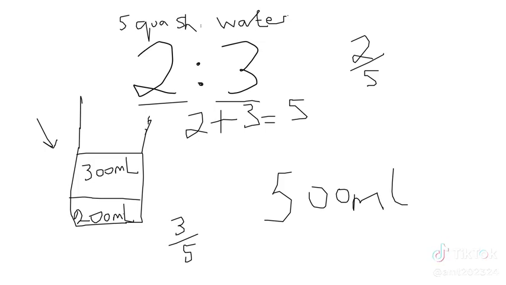You'll measure the flour to eggs, or flour to sugar to eggs, and so on. In the next video, we'll look at how we divide or share in a given ratio. So hopefully this video should make sense.